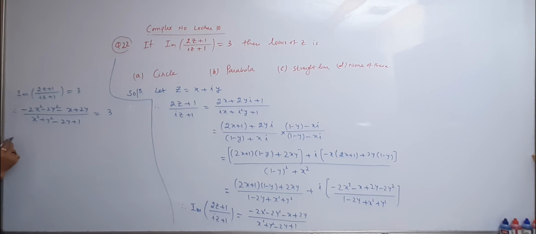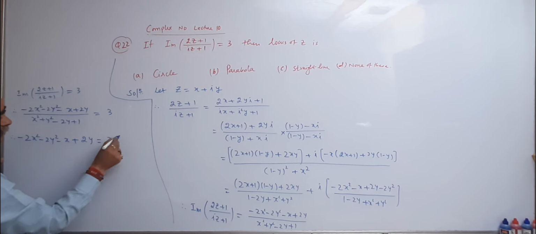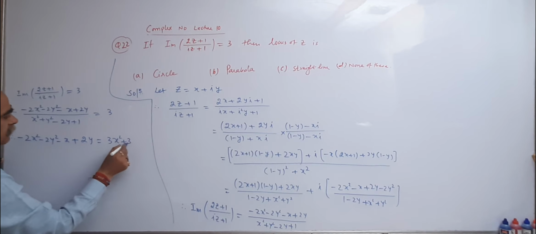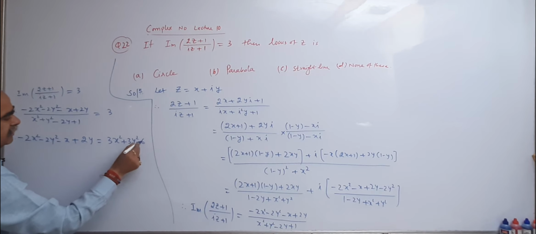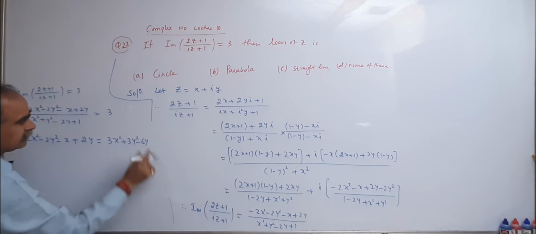Cross multiply. Minus 2x square minus 2y square minus x plus 2y is equal to 3x square plus 3y square minus 6y plus 3.